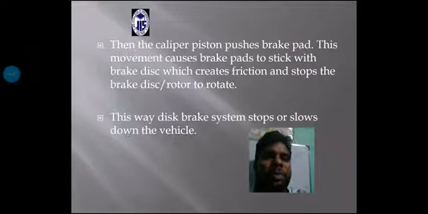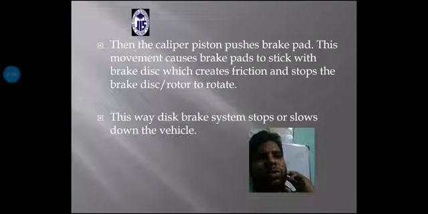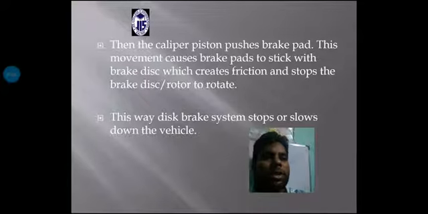Then the caliper piston pushes the brake pad. This movement causes the brake pads to stick with the brake disc, which creates friction and stops the brake disc or rotor from rotating, and this way the disc brake system stops or slows down the vehicle.